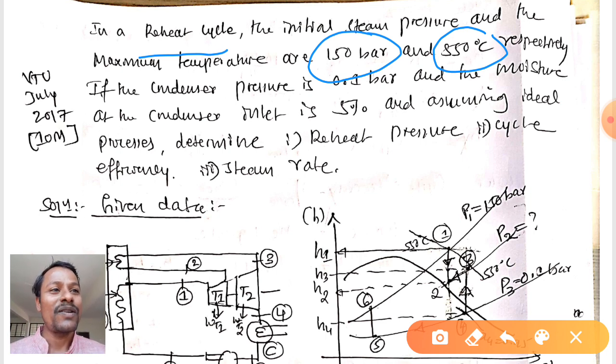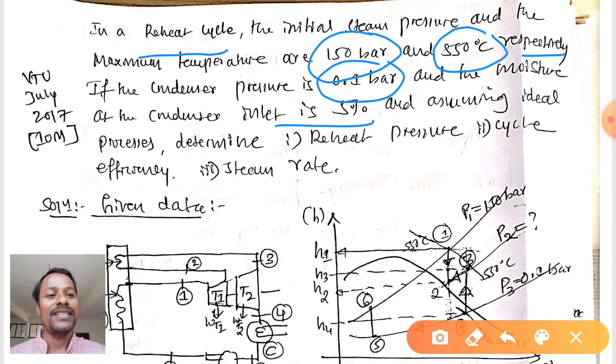So, that is 550 degrees Celsius it is given. Then again, the condenser pressure is 0.1 bar, and the moisture at the condenser inlet is 5%. From the schematic diagram, if you know, this is the condenser inlet, here we have the condenser.